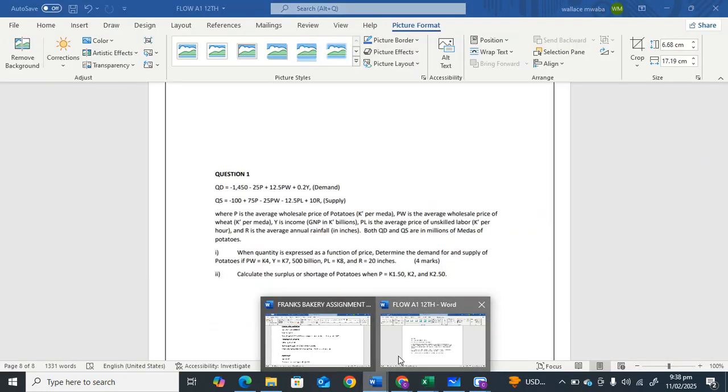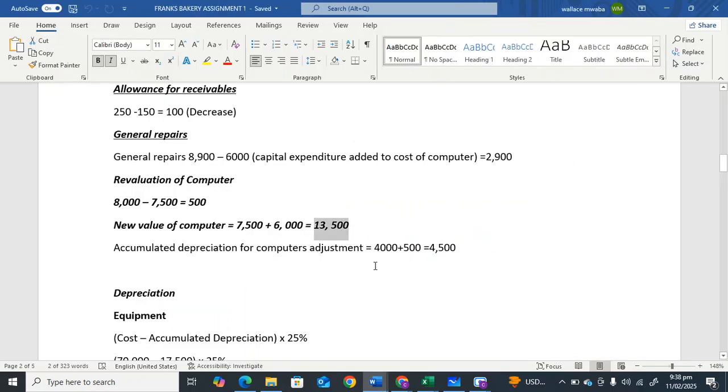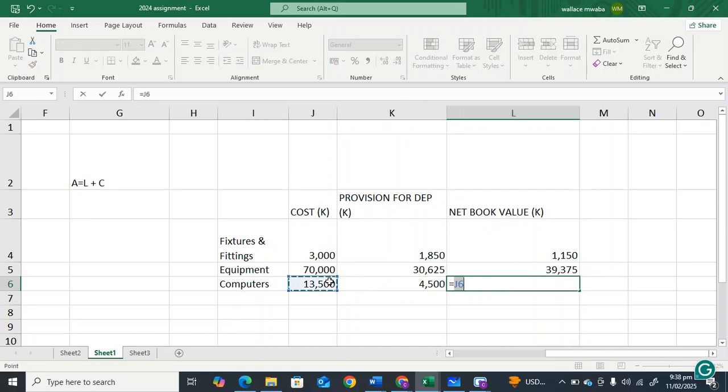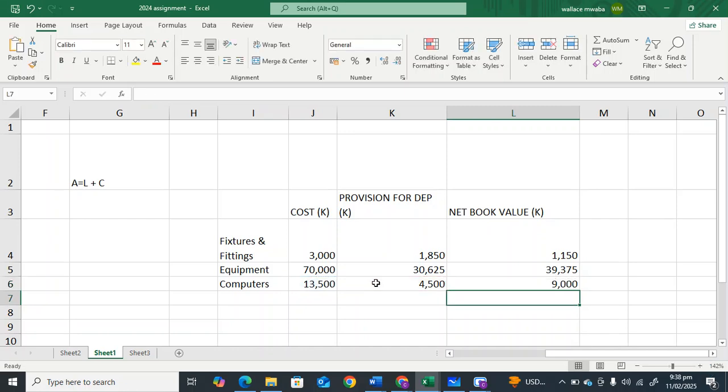Provision for depreciation: we had this 4,000 which was already given to us, plus this 500, the loss in value of the computers when we subtracted 8,000 minus 7,500. So 4,000 plus 500 is 4,500. So 13,500 minus 4,500, you get 9,000.